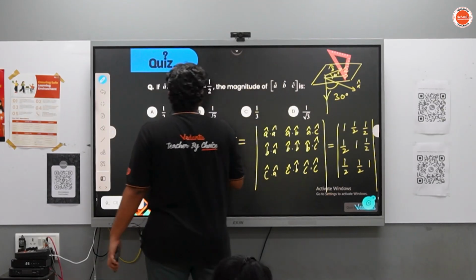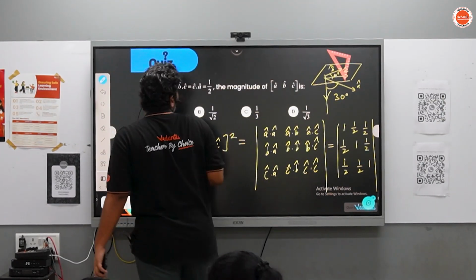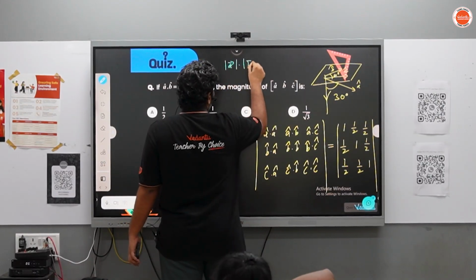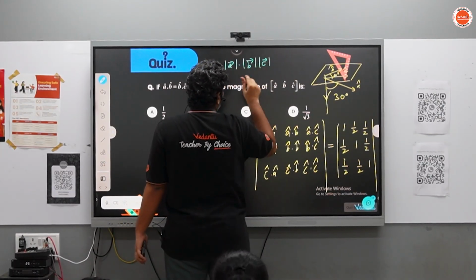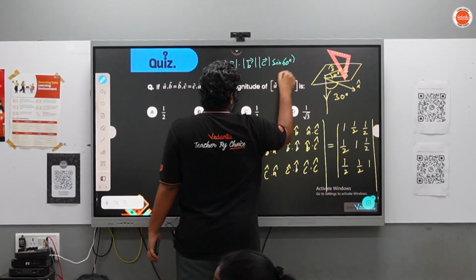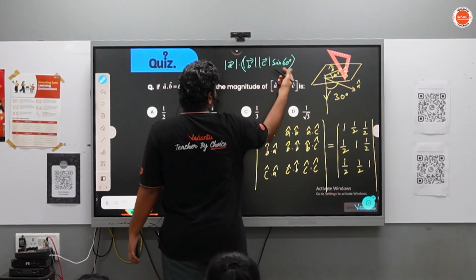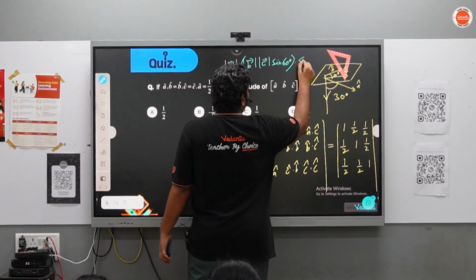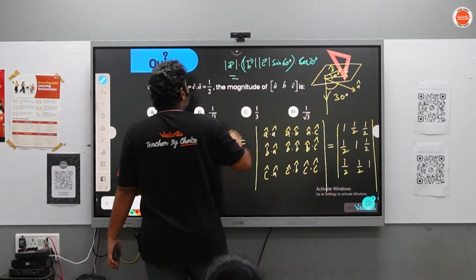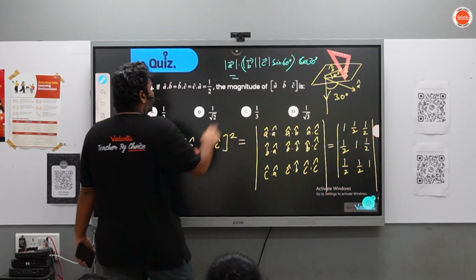So let us try that. So in that case I can simply say modulus of A vector into modulus of B into modulus of C vector. This is something we know. You say sin 60, right? But these two are getting inclined like cos 30. So everything is 1.